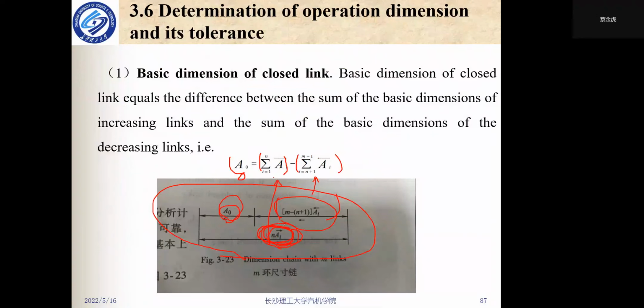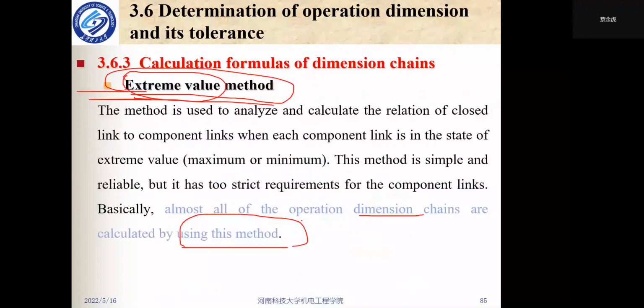If this dimension is constant, then this dimension and this dimension will vary in the opposite direction, which means if this one increases, then this one will decrease. So this dimension is decreasing link.